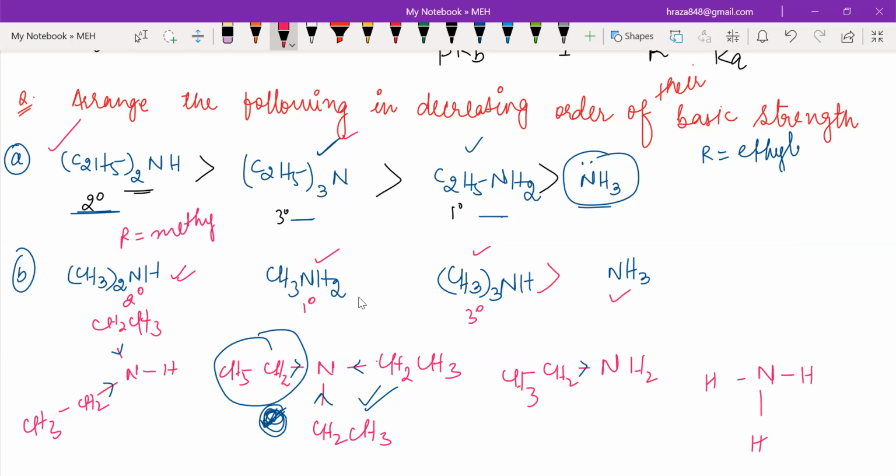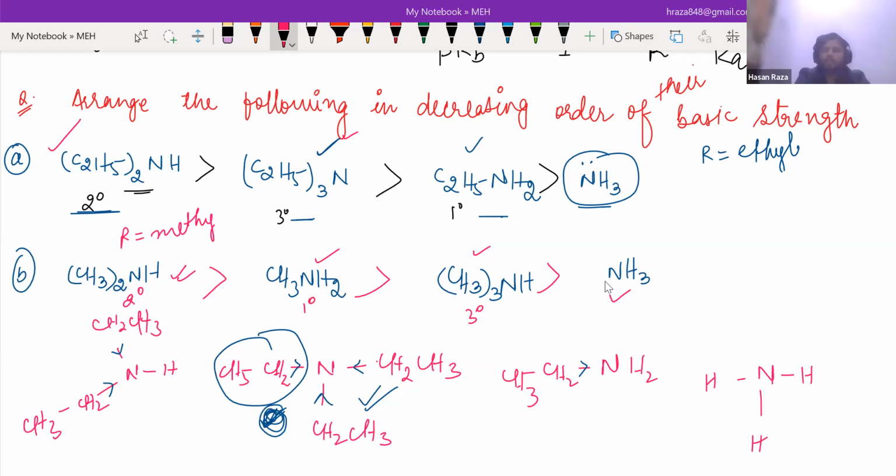This happens only because of the steric hindrance and the solvation. When it mixes with water, it will be more stable. So when it is alkyl, this is more stable, and that's why it is in the second position for basic character. So you have to keep it in mind.